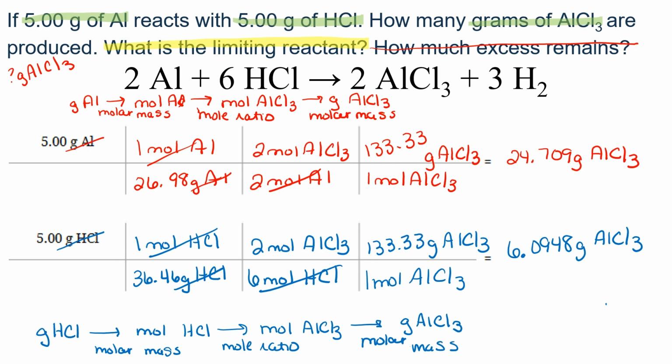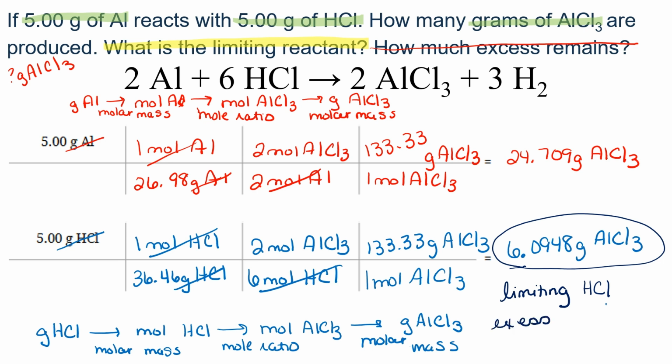So my limiting reactant is going to be the one that makes the least amount of aluminum chloride. So my least amount of aluminum chloride is that 6.09. So that means my hydrochloric acid is my limiting reactant. My excess is my aluminum.